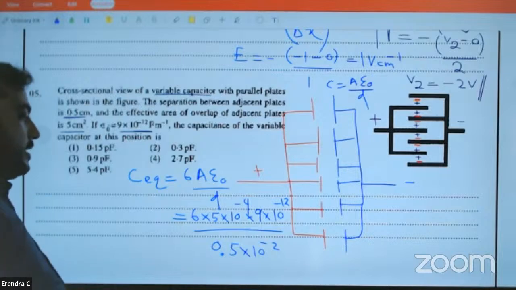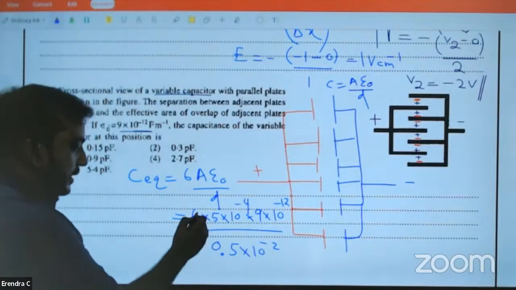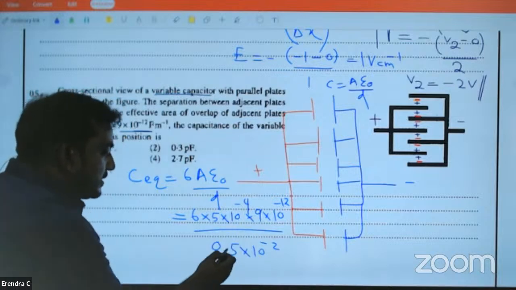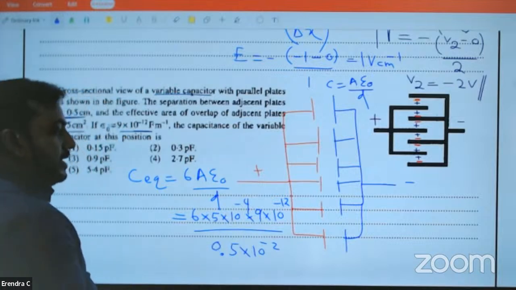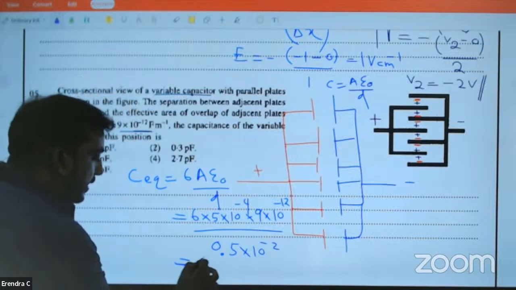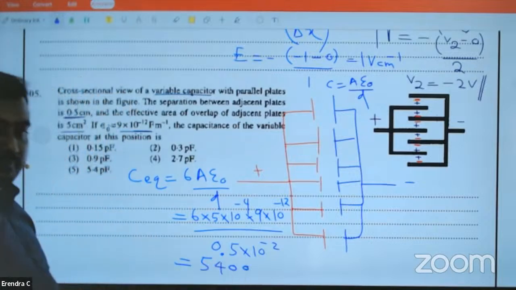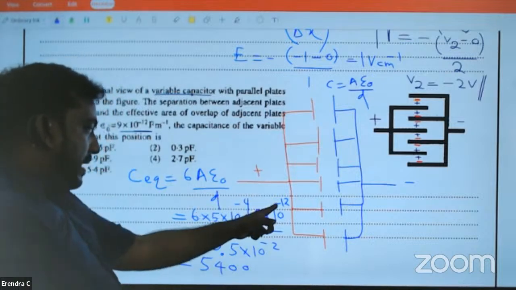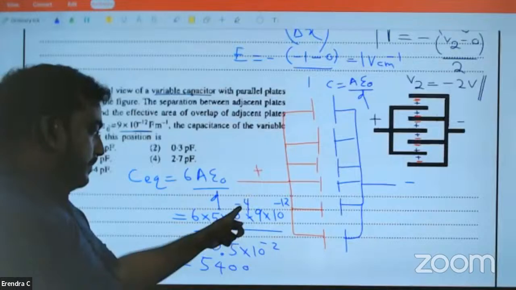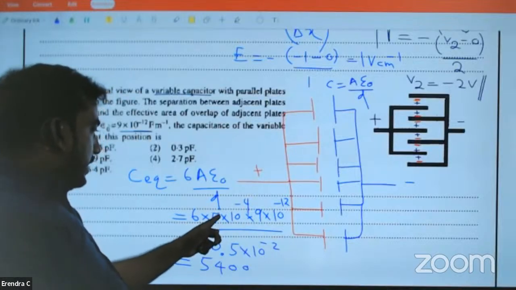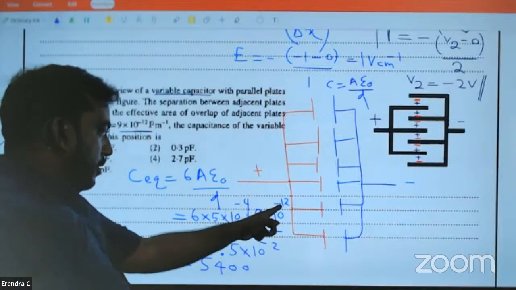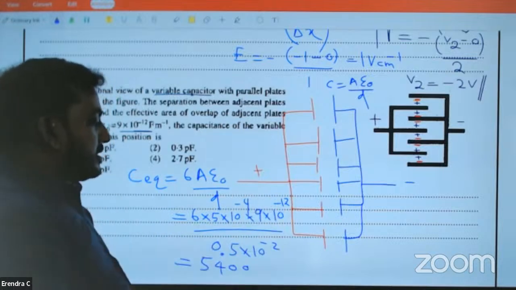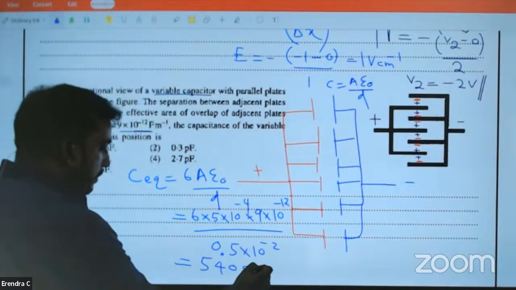Now, 30 into 9 is 270. 270 times 2 is 540, 5,400. The powers: minus 4, minus 12, minus 16.